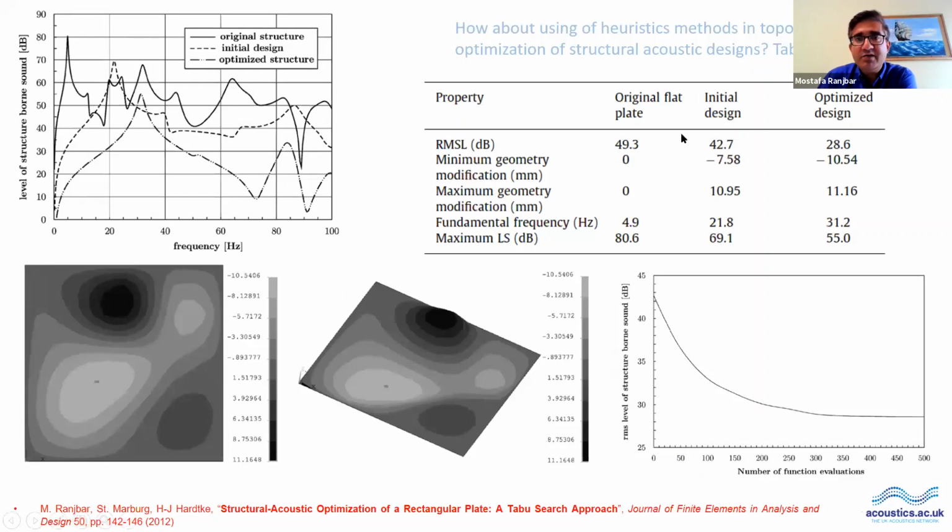It shows that by the tabu search method, for the initial design, we can reduce the radiated noise by up to around 15 decibels. And we were almost in the middle of the allowable range for the design variables without changing the mass.